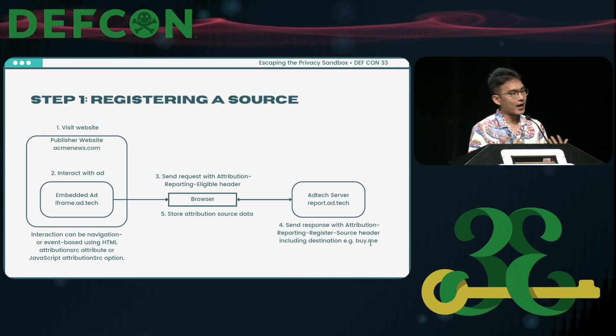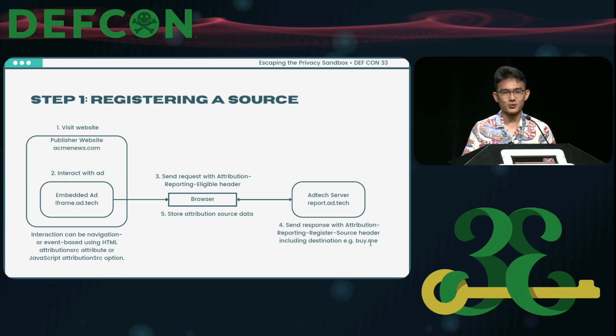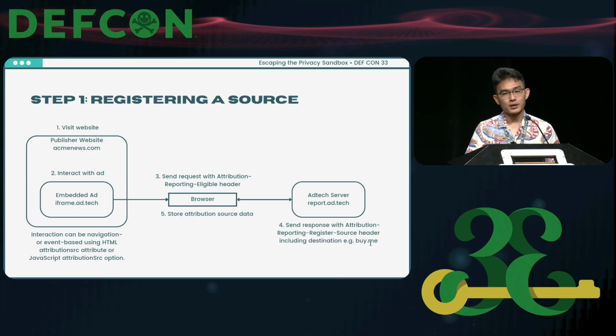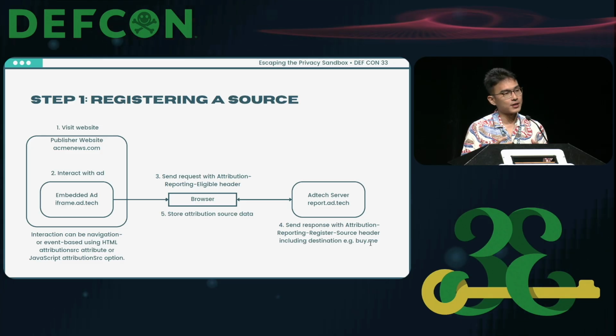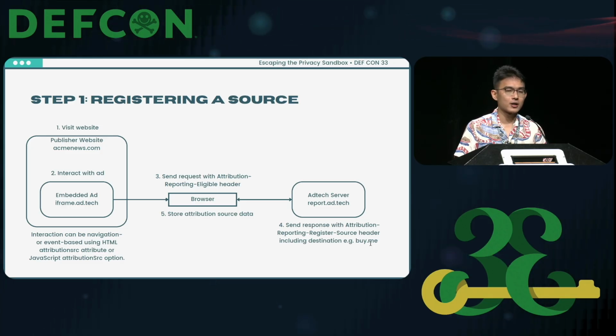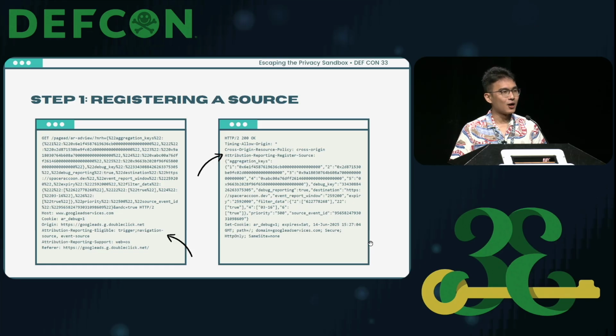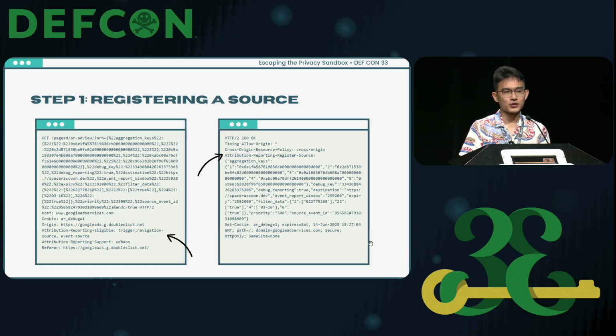So for example, you viewed an ad to maybe buy tickets to Singapore, right? The destination might be singaporeairlines.com, and so on and so forth. And this is then stored by the browser on your client-side storage for future matching, which I'll go into in the next steps. So you viewed the ad, and now your browser knows that you viewed this ad and potentially may make a conversion.